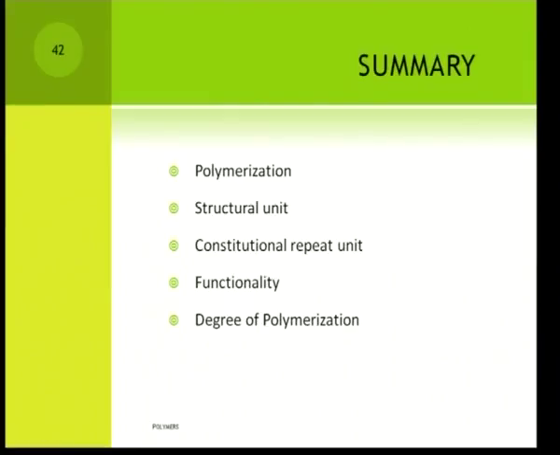How is this structural unit different from the constitutional repeat unit when you go for a copolymer or a triad polymer or a polyfunctional polymer, and what is functionality, and then finally we touched upon the degree of polymerization. Now, let me have some questions to test your knowledge.